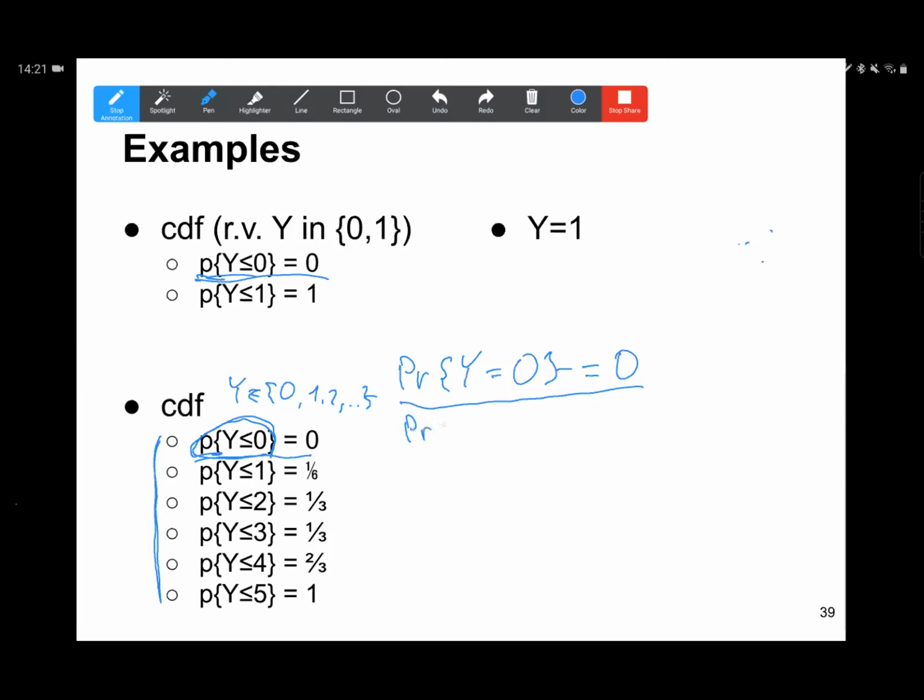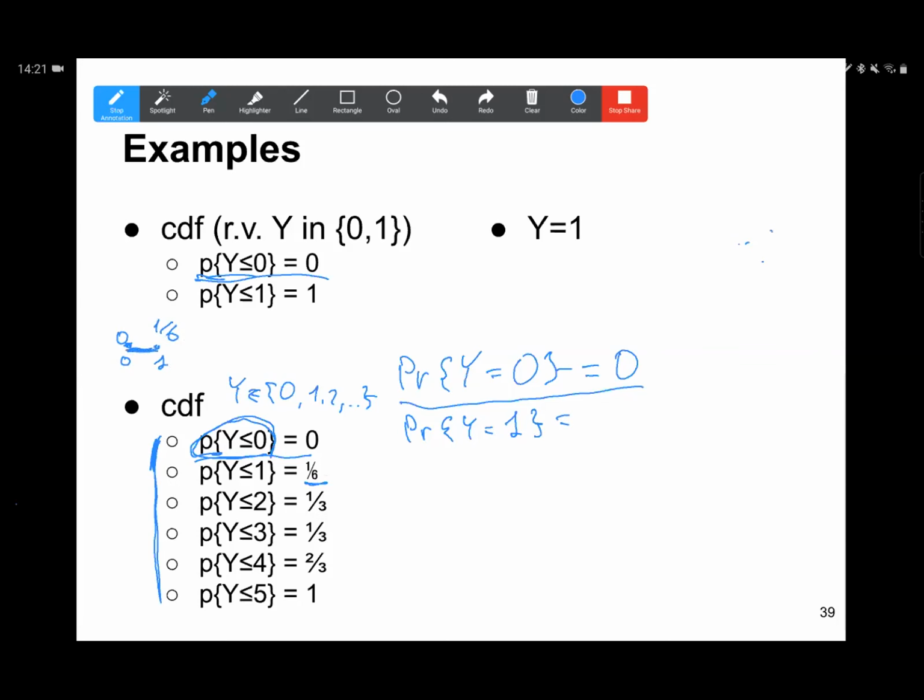What is the probability that this random variable is equal to 1? So we look here at the cumulative distribution function. Yes, the answer is 1/6. Why? Well, we know that with probability 1/6, this random variable is at most 1. So if we look at 0 and 1, with probability 0 it is 0, but with probability 1/6 it is 1 or smaller.